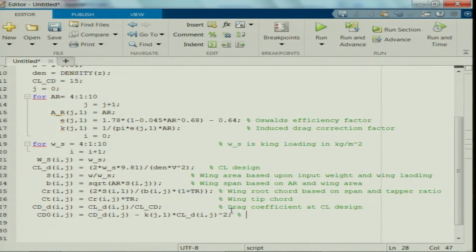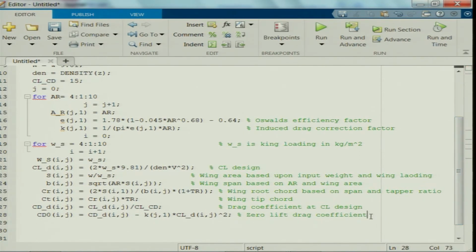Based upon this, this is the zero lift, or lift independent, drag coefficient. That is the zero lift drag coefficient, right. Based on these parameters, the CL, CD drag coefficient, CL design and L by D, right. So, L by D is an input. So, CD naught is figured out.